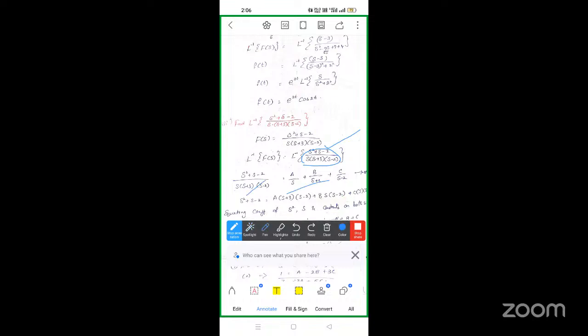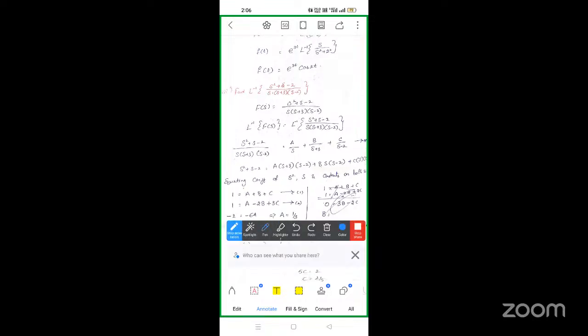Next we have to find the A, B, C values. We can substitute the roots of the denominator: s equals 0 is the first root, s equals minus 3 is the second root, and s equals 2 is the third root.